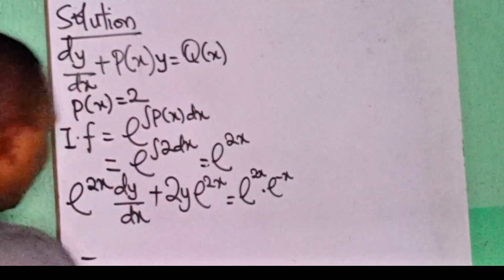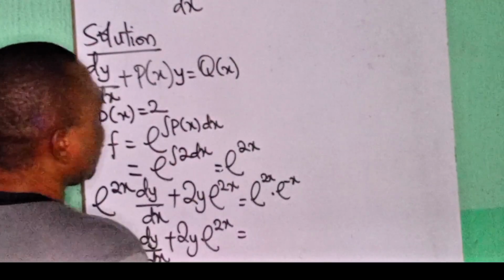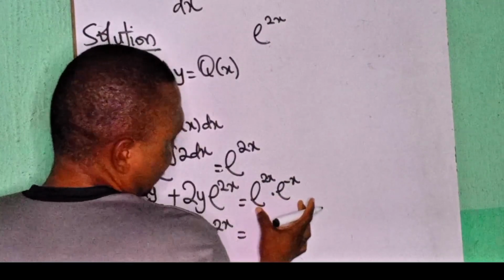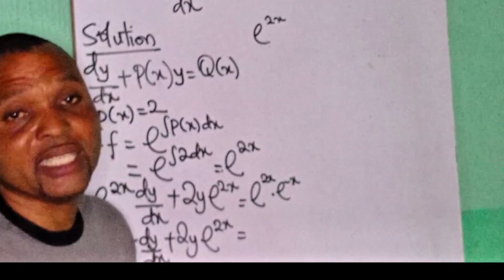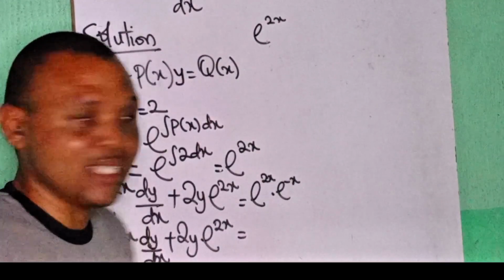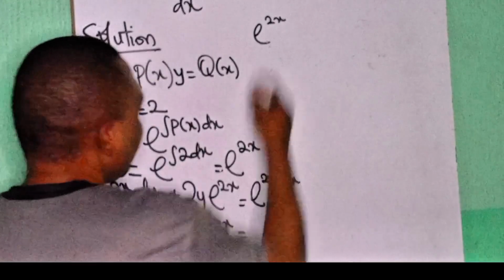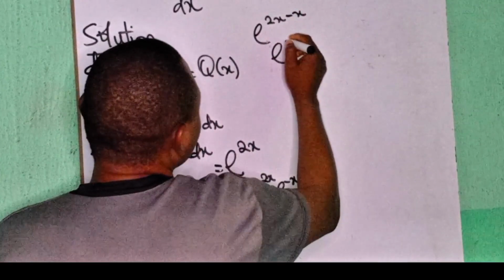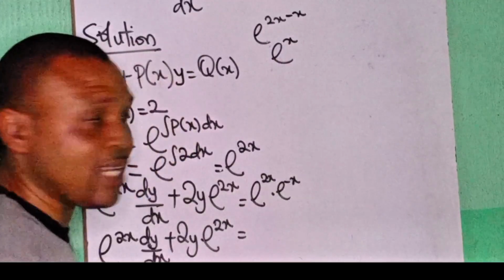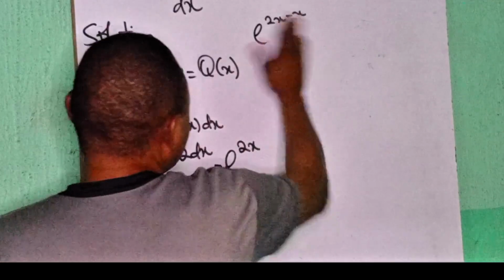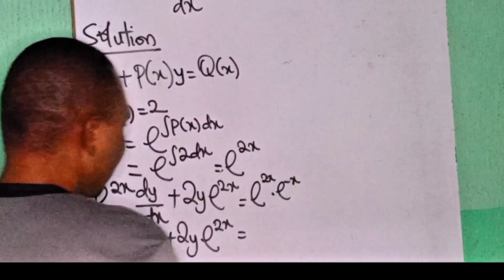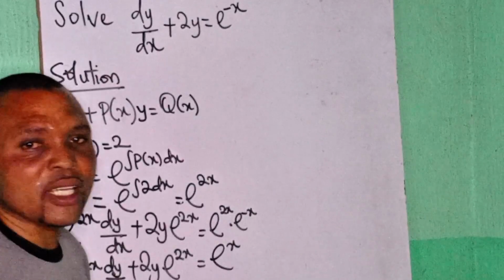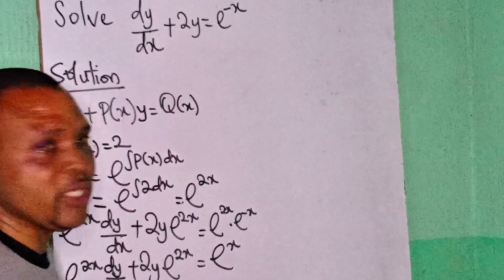If I multiply these two, e is common, so applying the rule of indices it becomes e to the 2x minus x. So I'm having e to the x. So that is my answer. Is that understood? All right, so what do I now do from here?